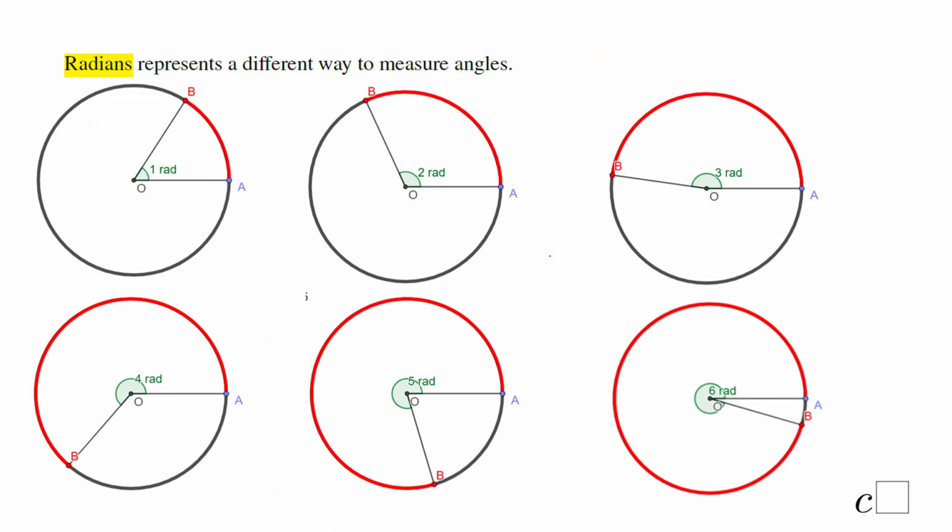You see, this is the radius of this circle. This arc here, the red one, which I went over, has the same length as the radius. So that is 1 radian. So obviously the second arc has an arc length of 2 radii, the third one 3 radii, and so on.